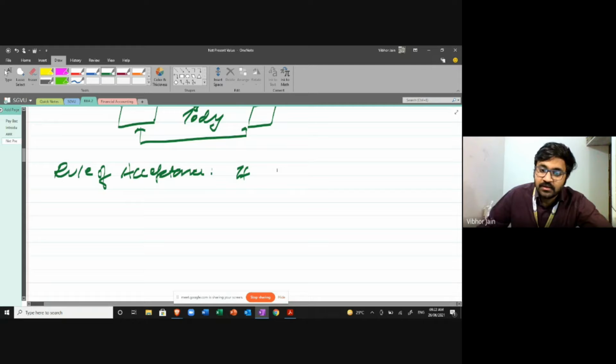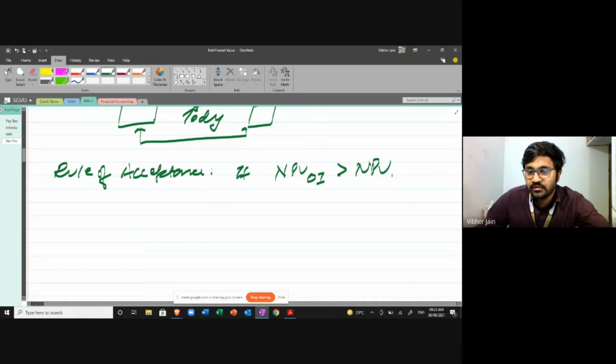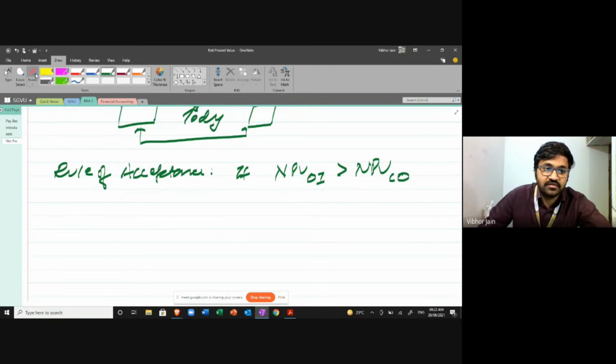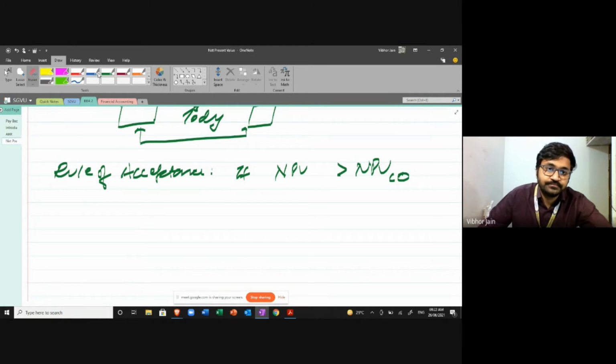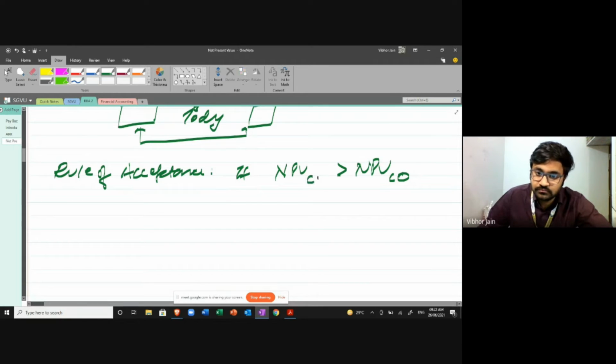If the net present value of cash inflow is more than net present value of cash outflow, sorry, cash inflow, we are going to accept the proposal.